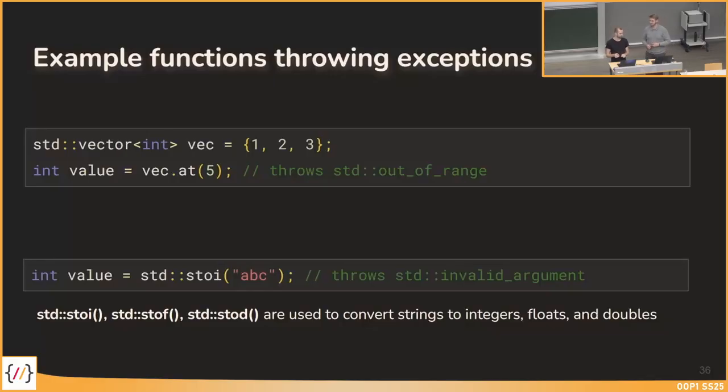Maybe this access is based on a user input, and he wants to access this fifth element, and you did not program it right, so you haven't checked the borders, and this terminates your program. So let's say the user inputs, I want to access number 5, and it only has 3 elements. This vector will throw this out of range exception, but then you can react to this.